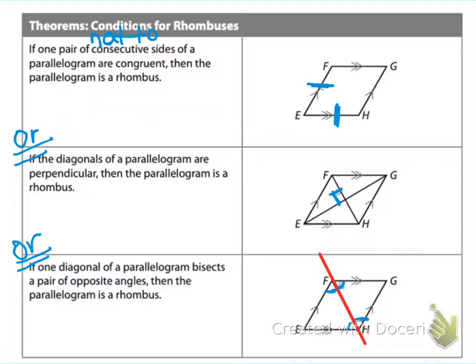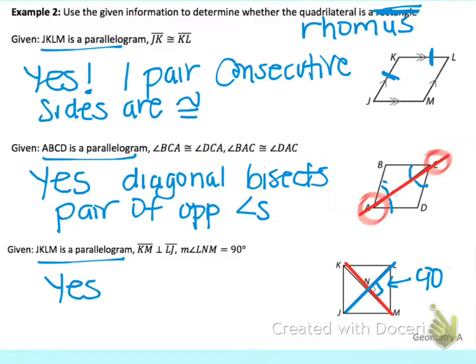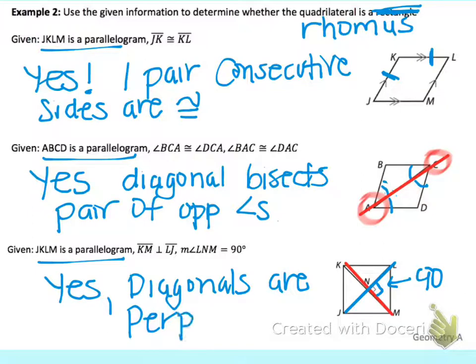Our support here would be to say the diagonals are perpendicular. You can use the symbolic way of saying that, like the upside down T, or you can write the word perpendicular. But we can tell that the diagonals are perpendicular, and that's enough.